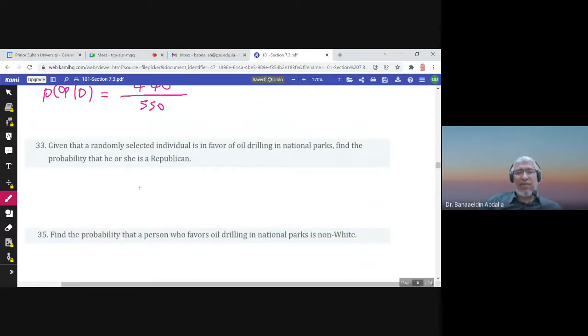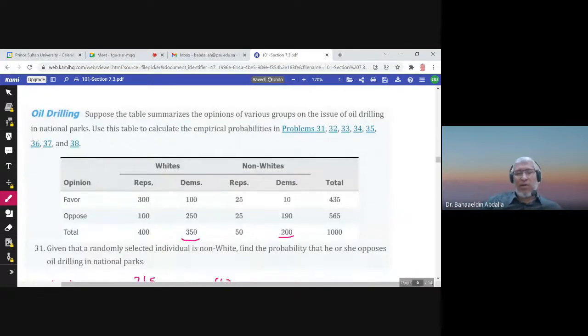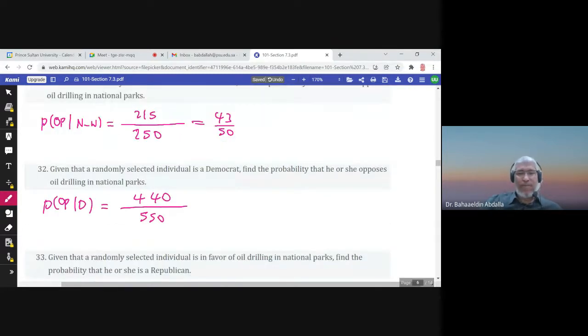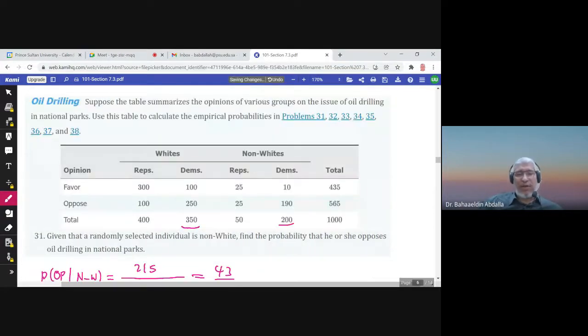Given that a randomly selected individual is in favor, find the probability that he or she is a Republican. So the number of people in favor, the total in favor is 435. How many of them are Republican?